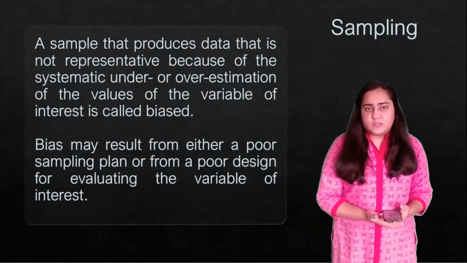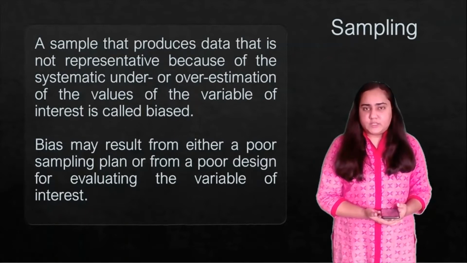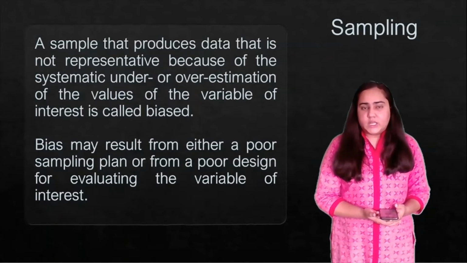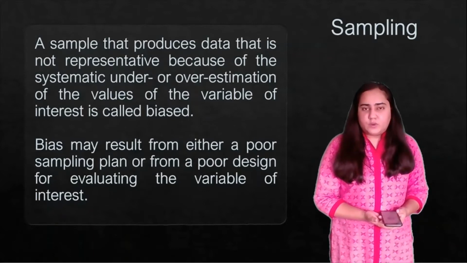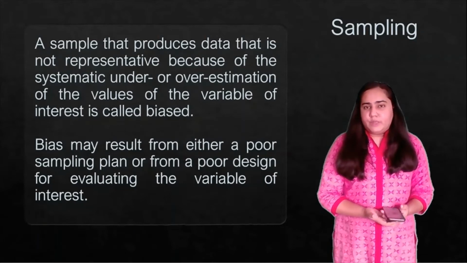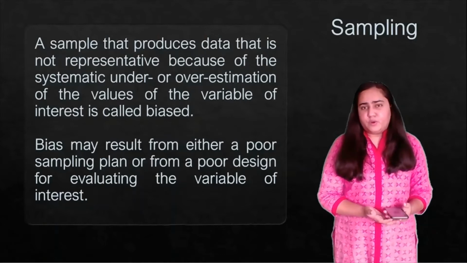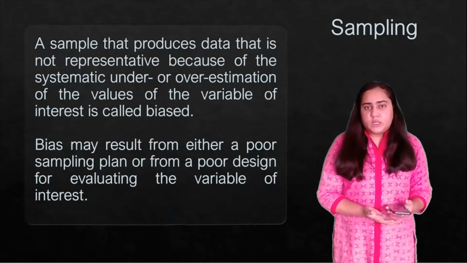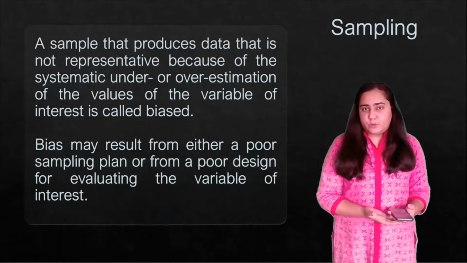So what is a biased sample? A sample that produces data that is not representative because of the systematic under or overestimation of the values of the variable of interest is called biased. So if you are trying to analyze opinions of different students about whether or not there should be exams, whether the exams should be taken online or they should be taken in person.